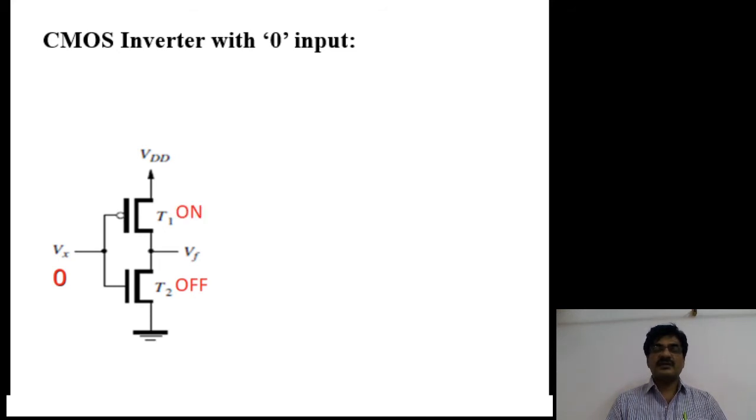Since the NMOS transistor is off, it acts as an open circuit. Therefore, the output voltage is the open-circuit voltage, since the output is across the pull-down network. So the open-circuit voltage is the maximum voltage, approximately equal to VDD. That high voltage is considered as logic 1.